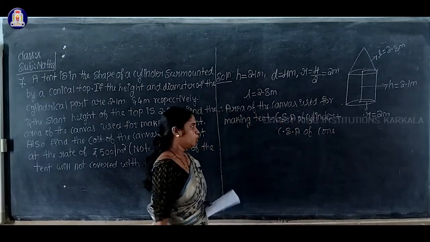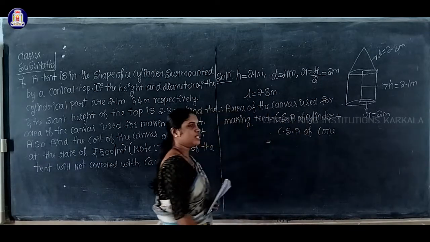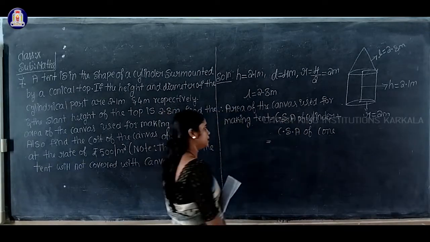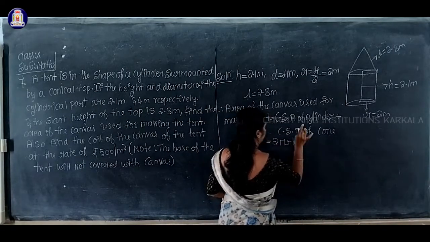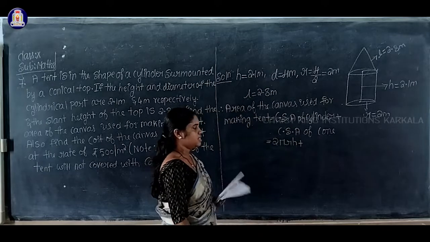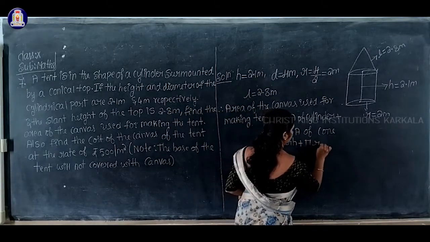So this is equal to CSA of the cylinder plus CSA of cone. What is the formula for CSA of the cylinder? CSA of the cylinder is given by 2 pi R H. CSA of the cone is given by pi R L.